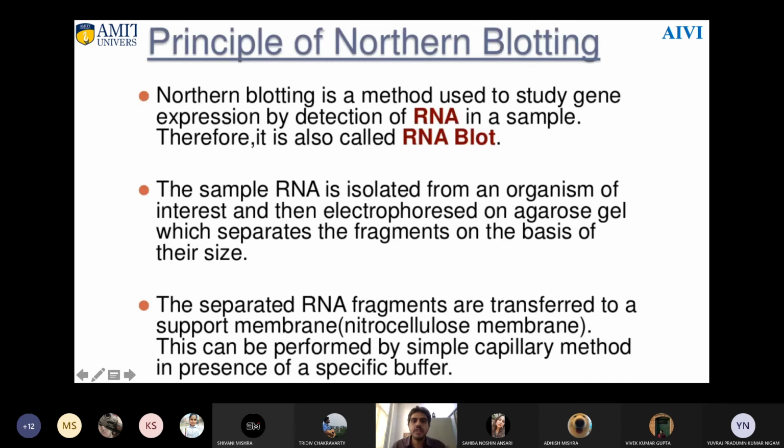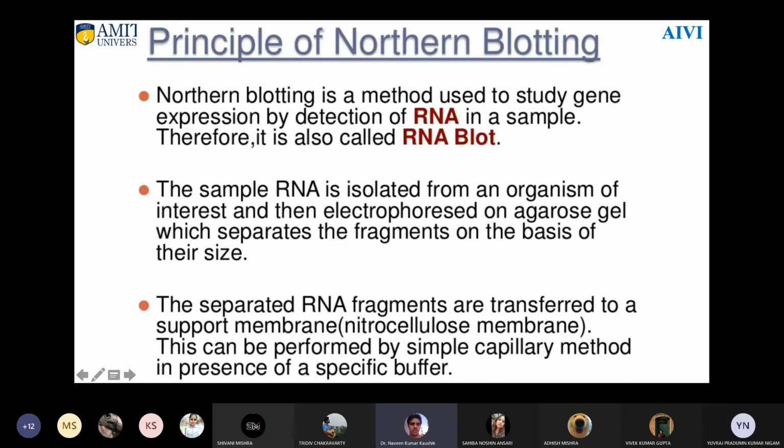So simply, when we talk about Northern blotting, we are talking about some specific type of gene or specific type of condition, whether the gene is expressing at that time or not, and it is specific to tissue also. Like your skin tissue, liver tissue, eye tissue, bone marrow tissue, your blood.